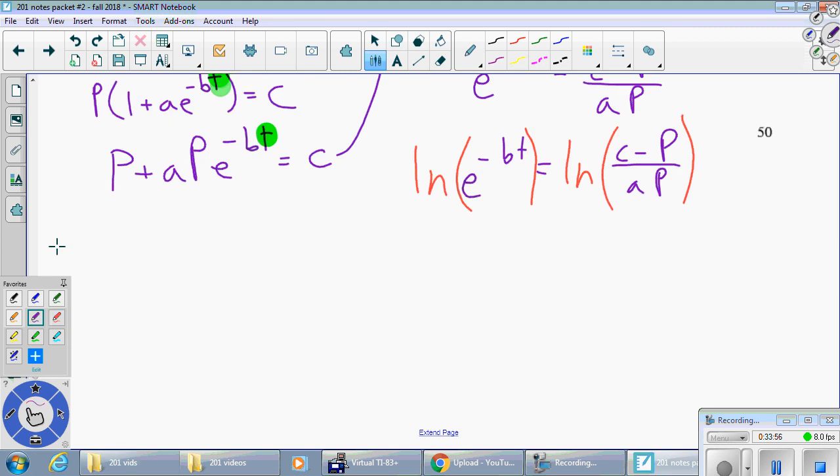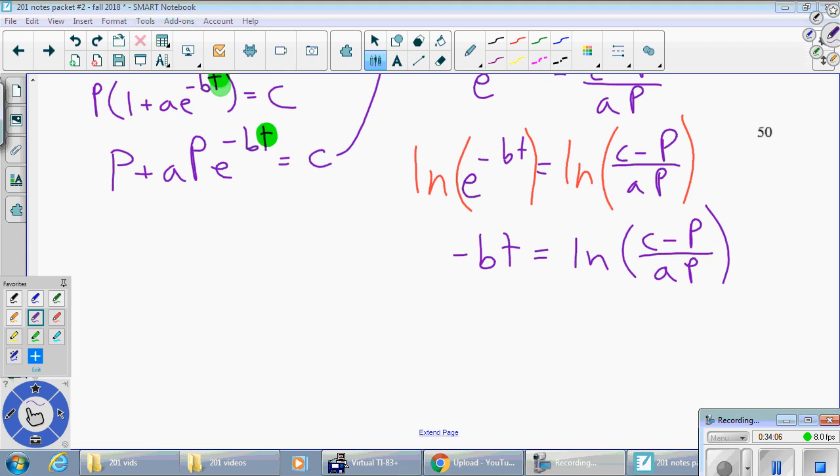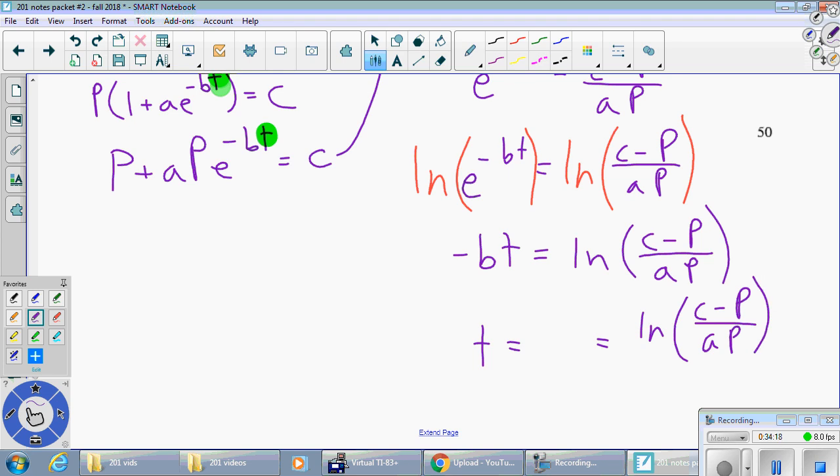The ln and e cancel, so we just get negative bt equals, copying everything on the right-hand side. And then finally, to solve for t, we divide both sides by negative B. So we get t equals all of this ln divided by negative B. I think that's good.